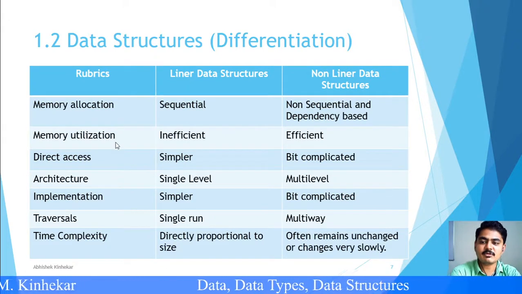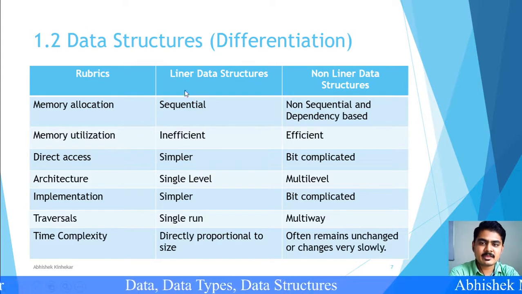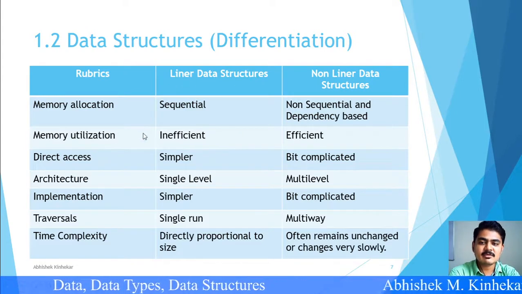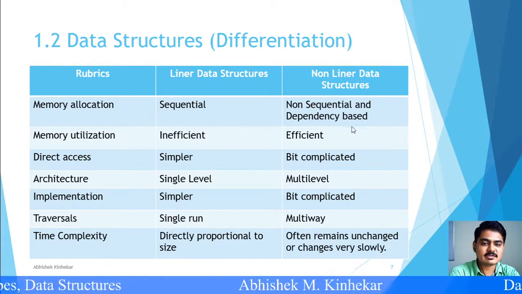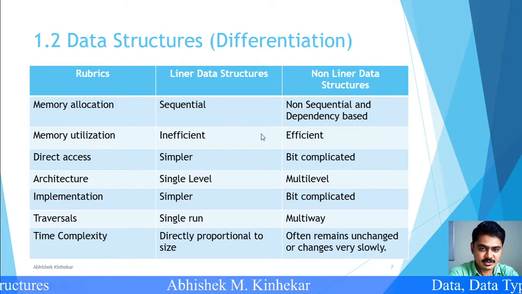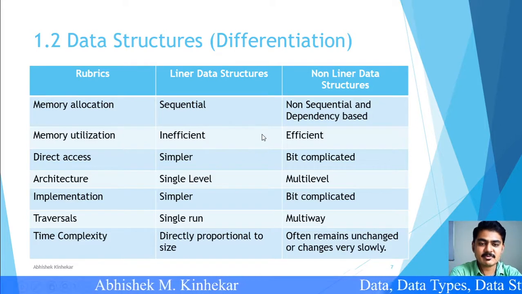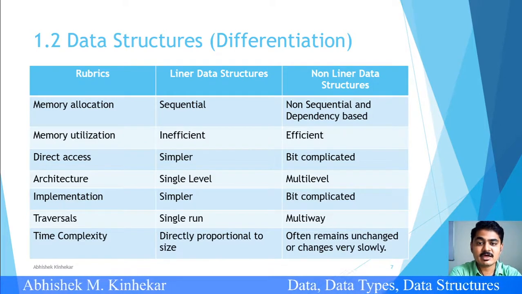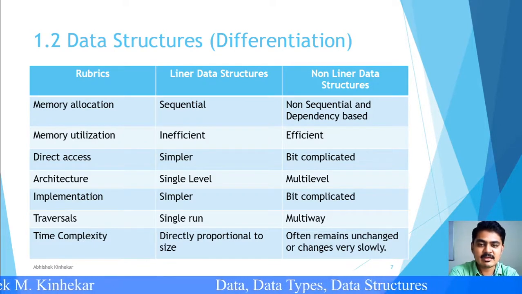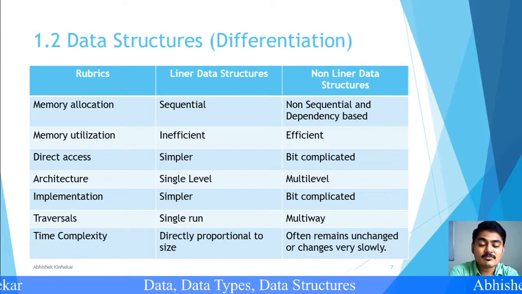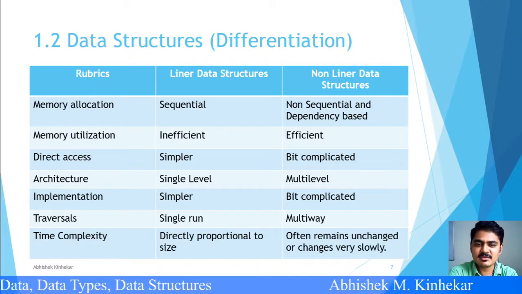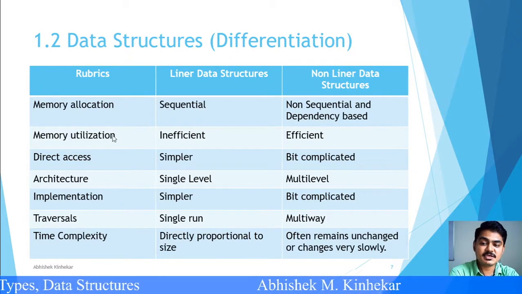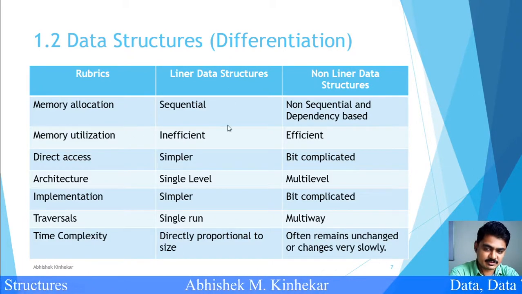Next, if I talk about memory utilization, then in linear data structure memory utilization is inefficient, whereas in non-linear data structure memory utilization is efficient. Now to understand this, let me give you an example which I will be quoting again when I will be discussing arrays. I will be repeating this example again for linked list as well. Let me briefly see what exactly is inefficient memory utilization in linear data structures.